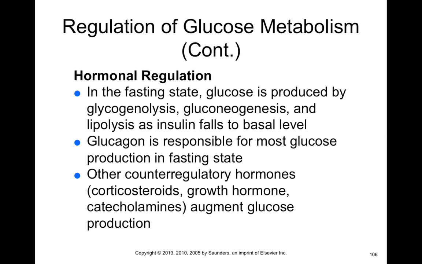That glycogen, when it's broken down through glycogenolysis, releases glucose into the bloodstream, which raises your blood glucose, right? You can also get glucose in the fasted state through gluconeogenesis, where your liver can make new glucose molecules from amino acids or protein, as well as lactate. So that's pretty cool. And what these can do then is help increase your blood sugar during a fasted state.